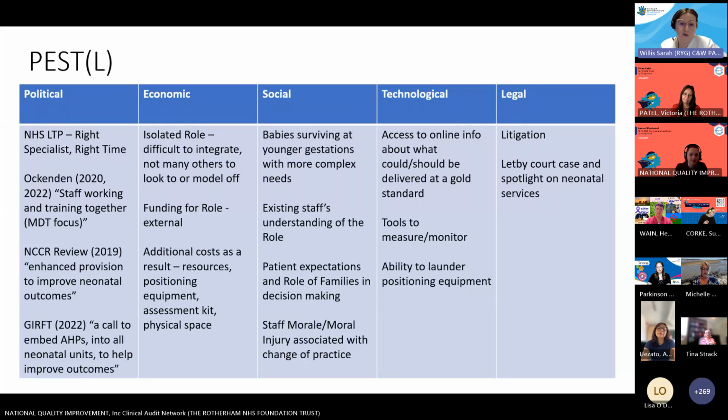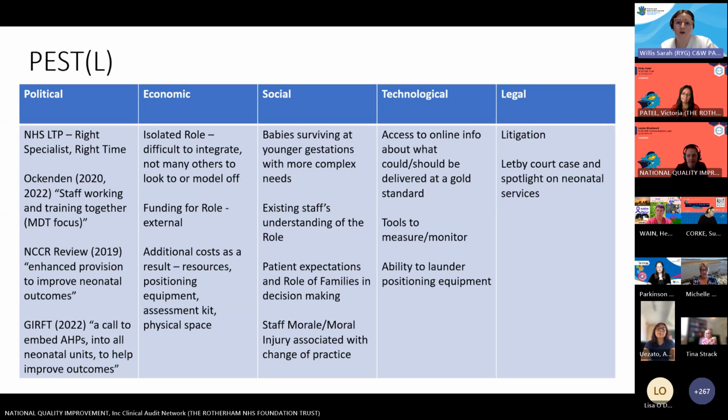Lots of the speakers before me have already touched on lots of the political influences, the Ockenden reviews, the Darcy reports, and ultimately there is a real drive to increase therapy provision in neonatal care as a preventative health measure to promote lifelong health and minimise health inequalities that preterm infants experience when they're discharged from neonatal care.